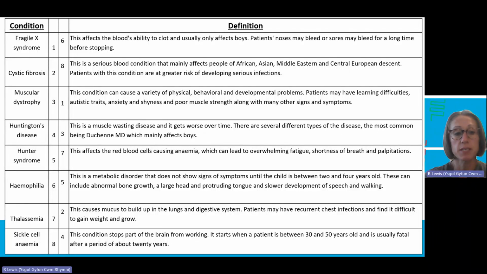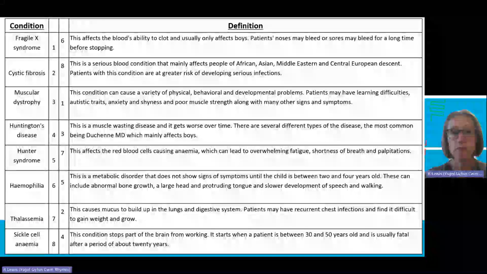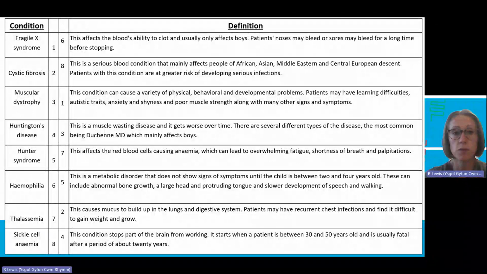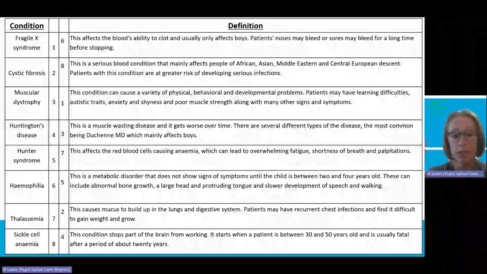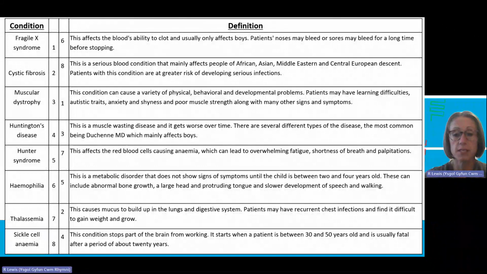Number 4 then, Huntington's disease. So Huntington's disease is a condition that stops part of the brain from working. This usually only occurs within patients between 30 and 50 years of age. So an individual who up until this age has led a normal life, and then their brain function starts to deteriorate, and this then will also affect their body movements because signals are not being transmitted from the brain as appropriately as they can be.